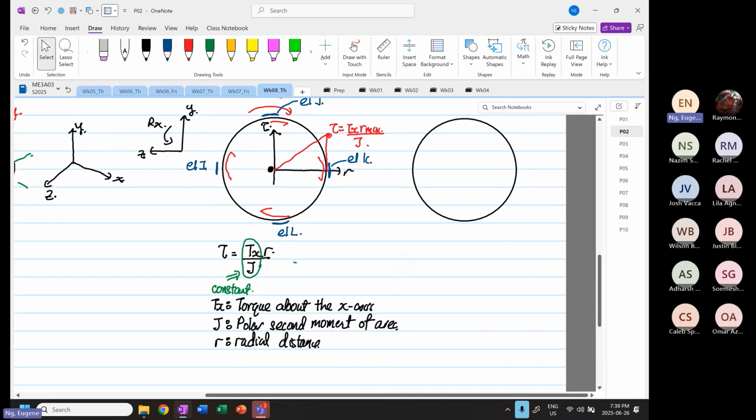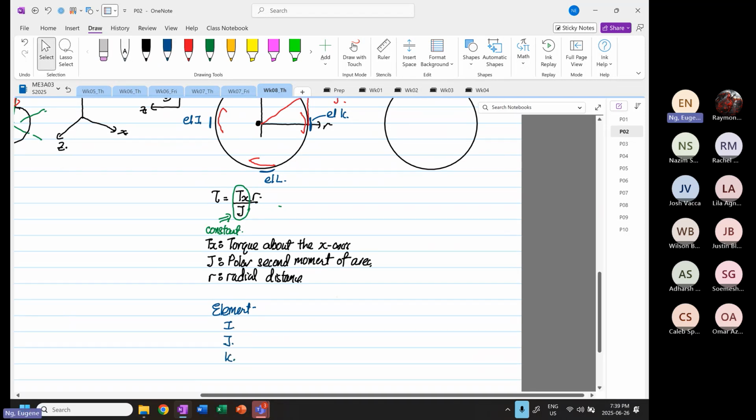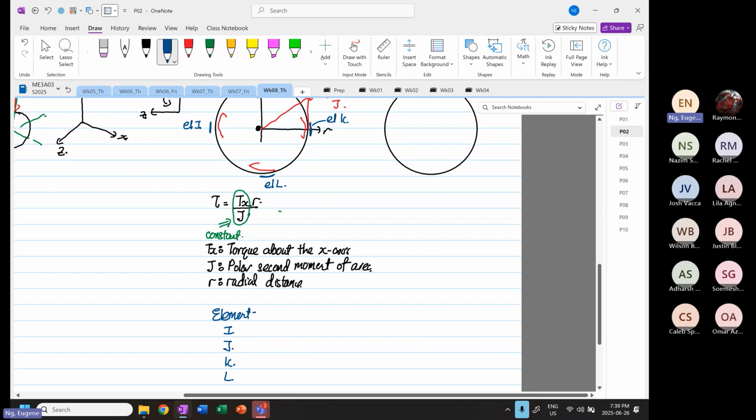So if we have all those elements, I'm going to call them I, J, K, and L. Okay. And the shear, all of them will be TR over J.